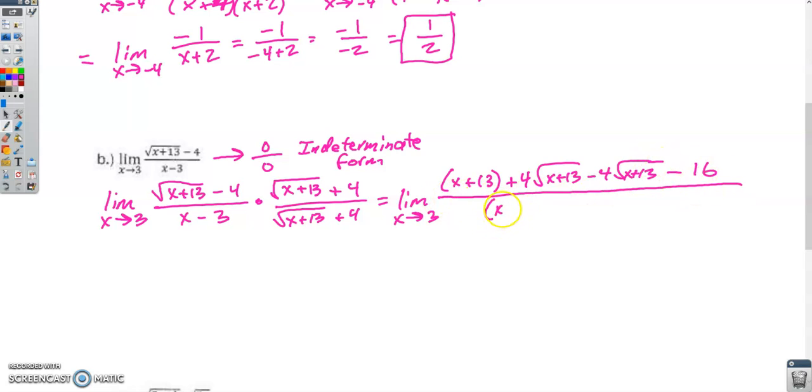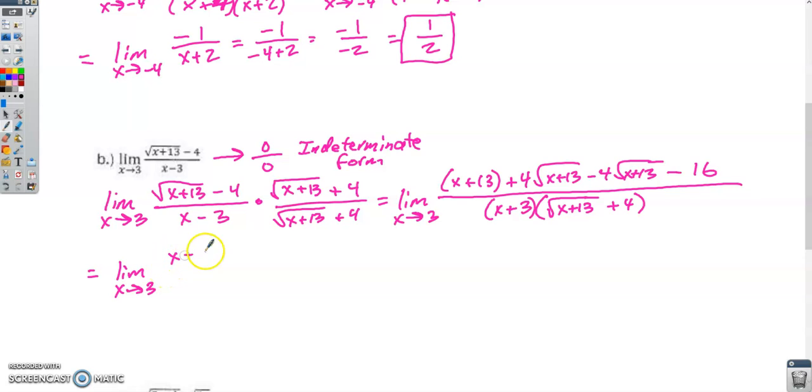And in the denominator, I've got the quantity x plus 3 times the quantity square root of x plus 13 plus 4. I simplify the numerator, and the positive 4 root of x plus 13 and the negative 4 root of x plus 13 cancel each other out, and then I can combine the numbers, and we end up with just, what is that, x minus 3 in the numerator.